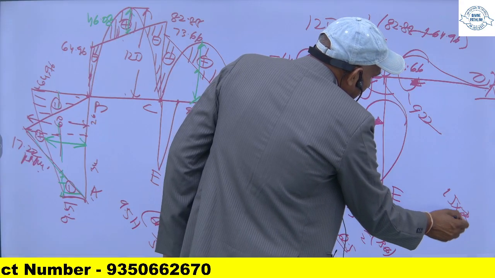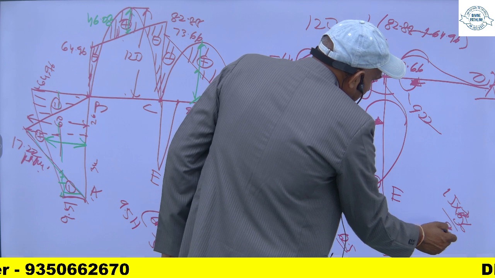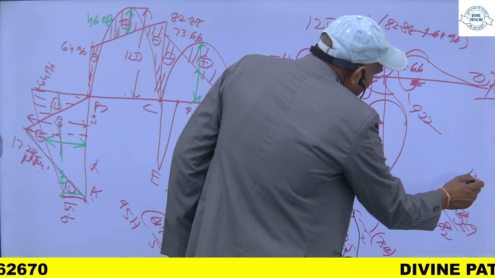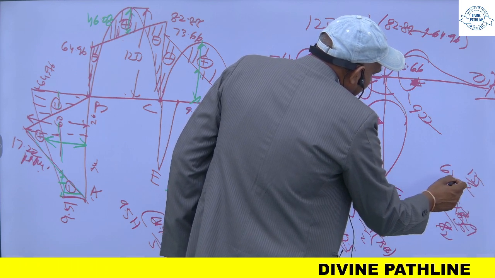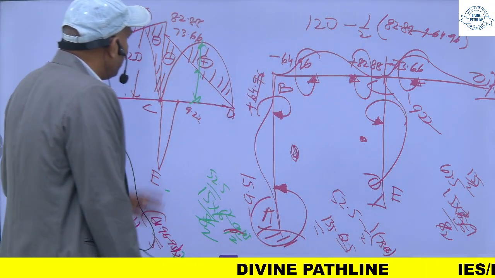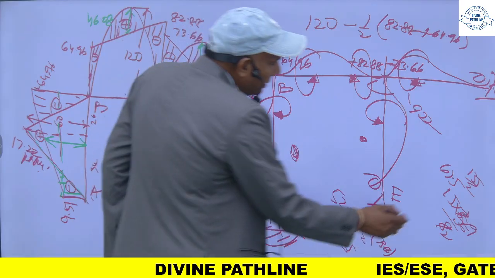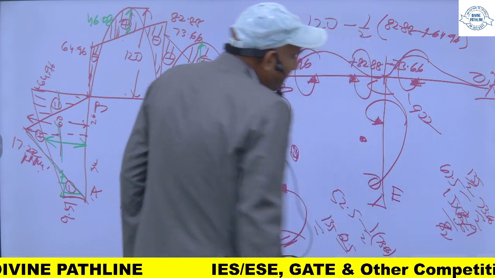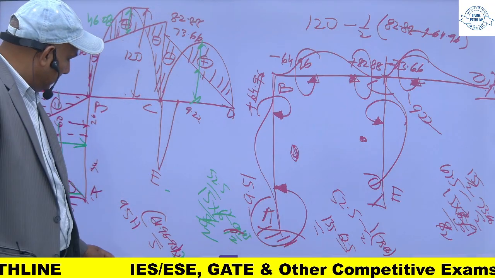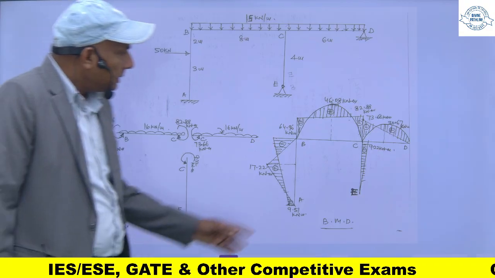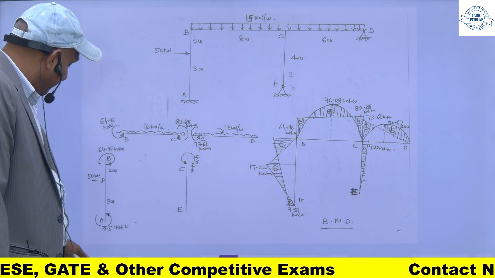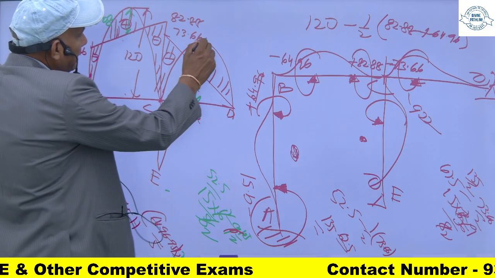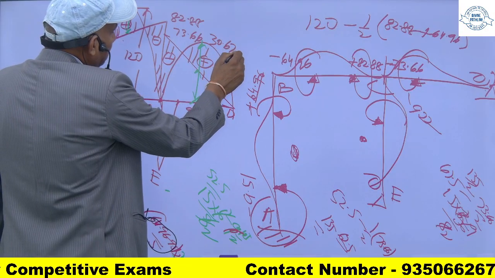So this will be 36. 135 by 2 means 67.5. So this 67.5 minus half of this. So half of 73.66. So you will get 30.67. So this is 30.67 kilonewton.